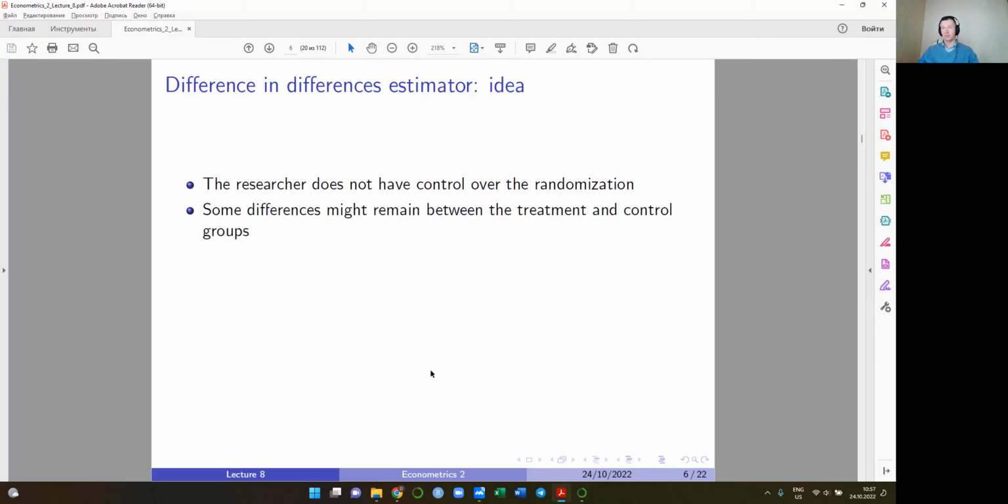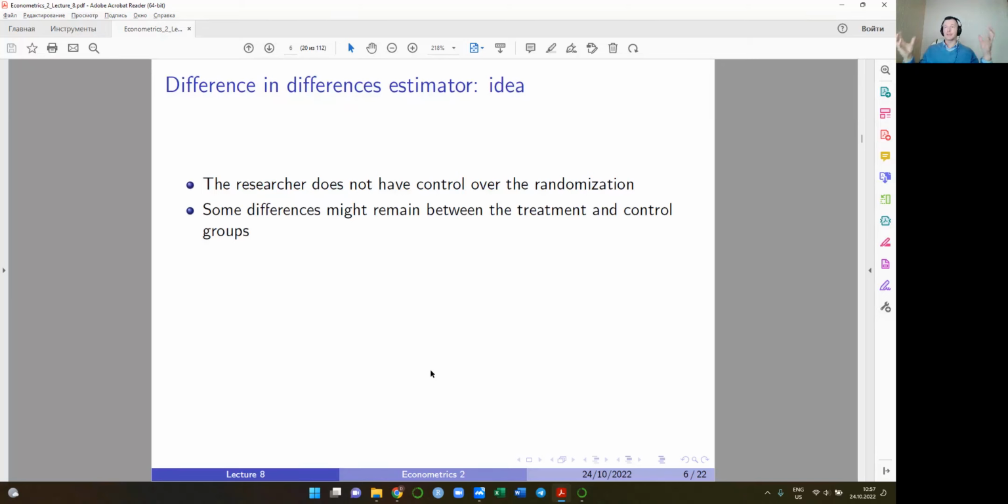So we discussed last time that if you are conducting a true experiment, it is very nice when you choose comparable participants in the treatment and control group.